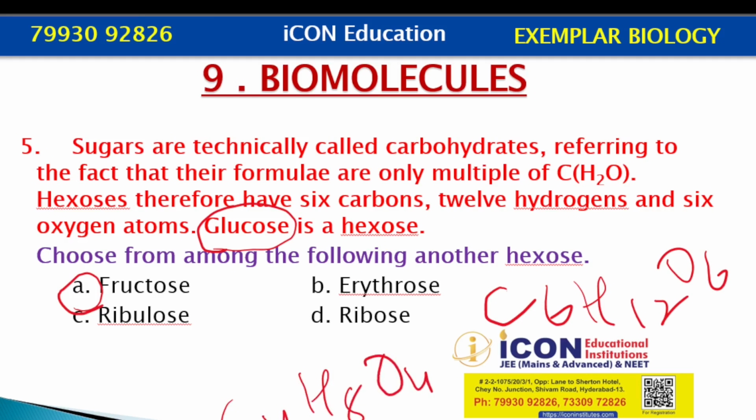It is a 4 carbon carbohydrate. If you look at ribulose and ribose, they are C5H10O5. Both are pentose. So the correct answer is fructose, a hexose sugar.